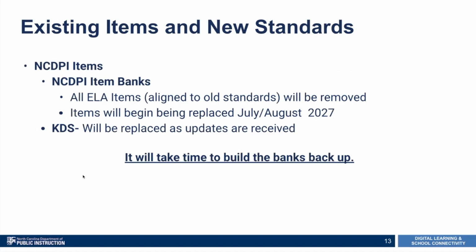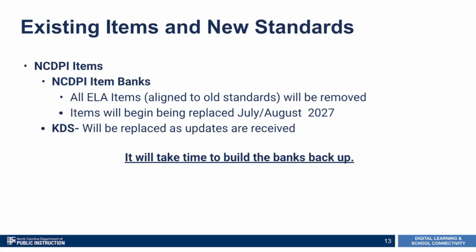So the existing items in Schoolnet will be removed, all ELA items that are either DPI item banks or KDS item banks. The DPI items will be removed, and with each substantial upload, they will be replaced in Schoolnet, as will the KDS.